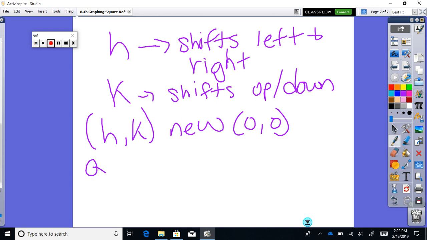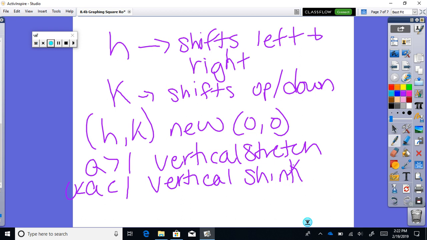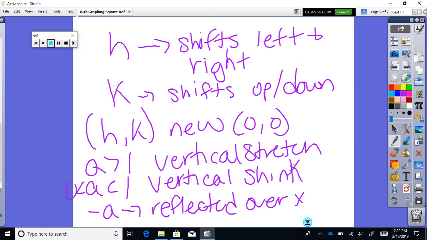If a out front is greater than 1, it's going to be a vertical stretch, so it's actually going to look wider. If a is less than 1 but greater than 0, of course, it's going to be a vertical shrink, which means it's going to look more narrow. And if you have a -a, it's reflected over the x-axis.